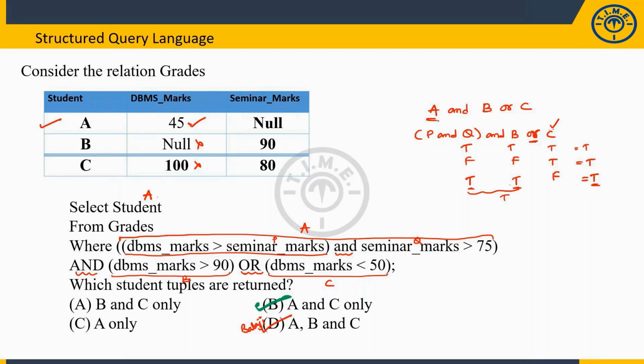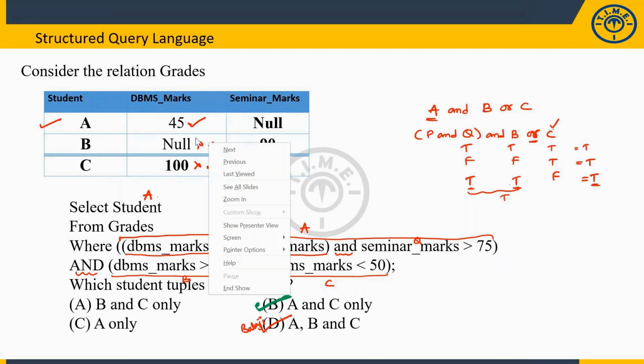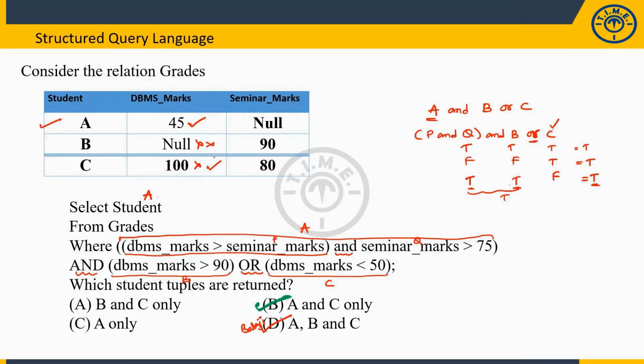Means the A condition and B condition must be true. Now look at the B condition. What is the B condition? DBMS marks greater than 90. That is true for the third tuple. And because the comparison with null is false, it is false for the second tuple.